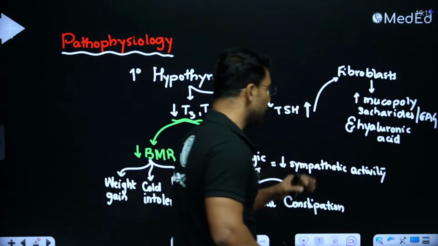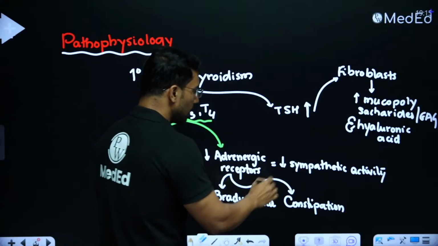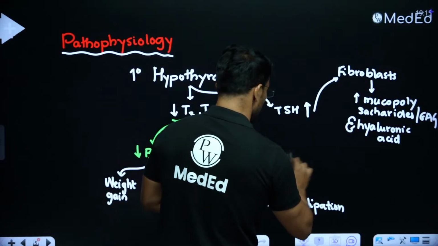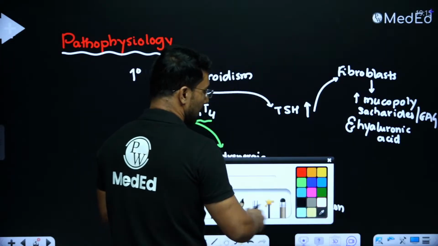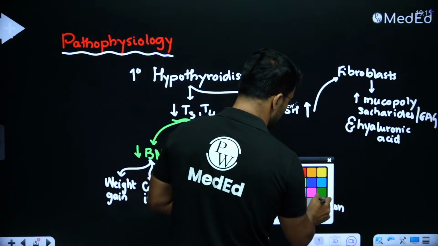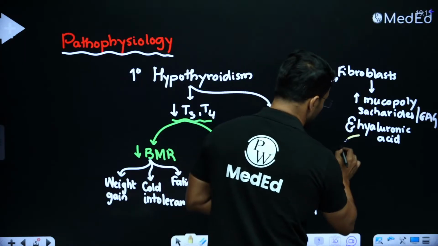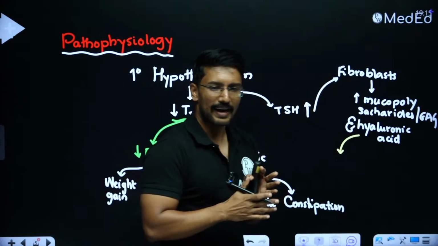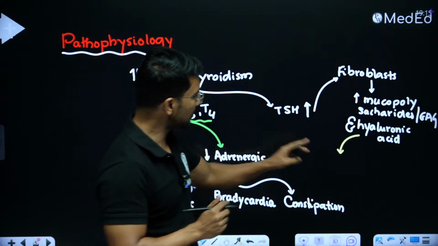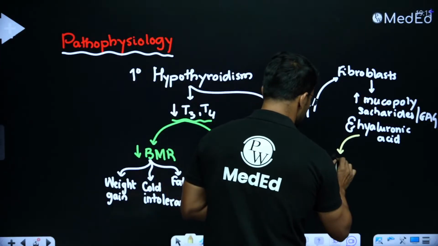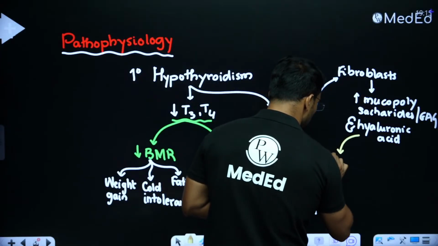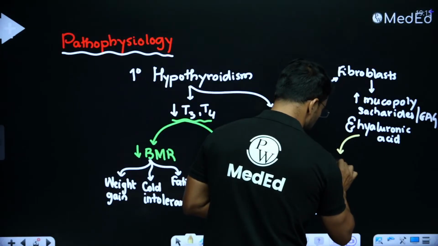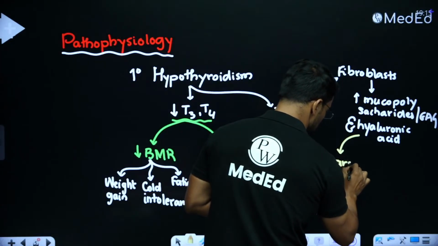And this production of hyaluronic acid, what consequences can this lead to? All these substances get deposited in tissues, mainly in the skin and the body fluids. When it gets deposited in the skin, it can lead to coarse skin texture.